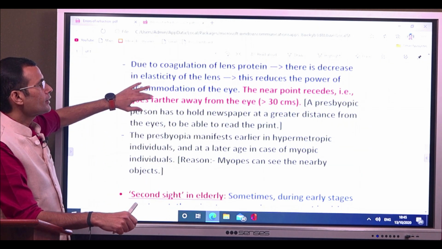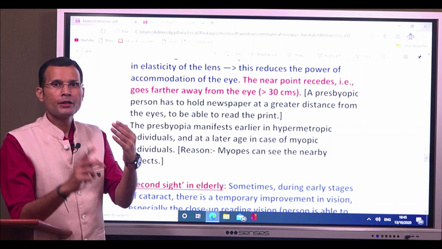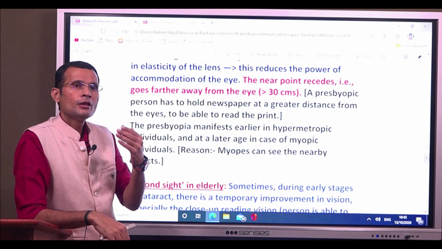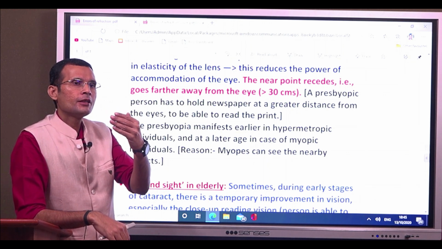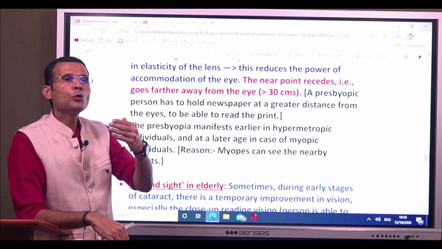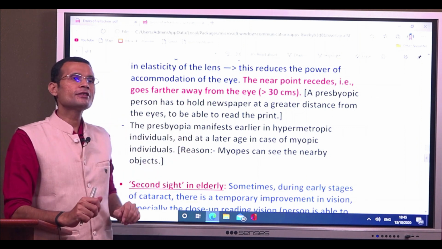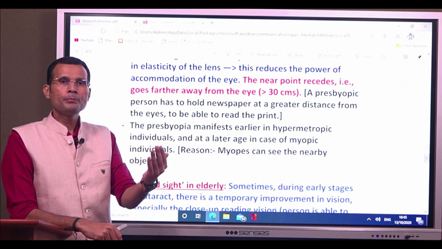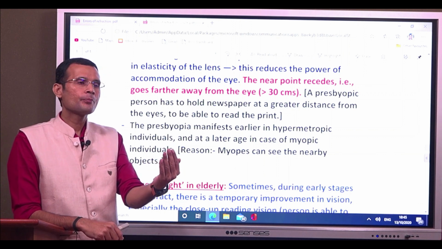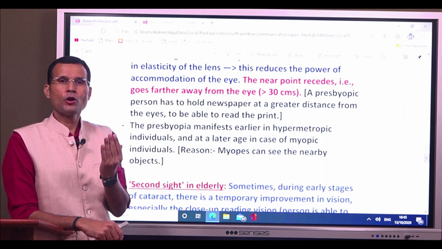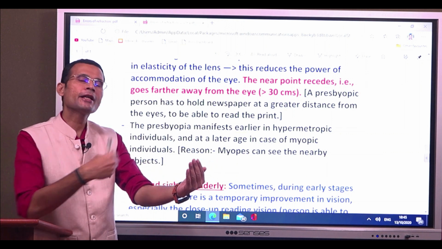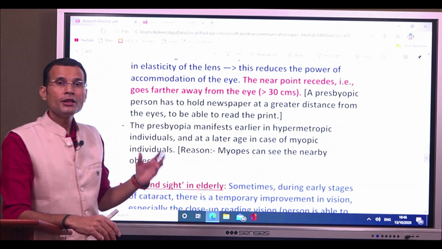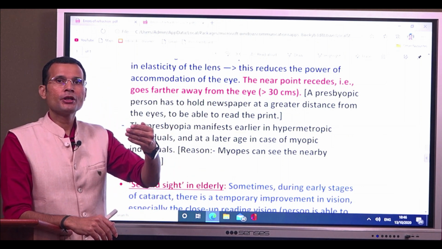So you will often see that near point of vision, we have defined near point as the closest point which can be seen clearly, recedes from the eye. It goes away from the eye. You will often see elderly people in the households put the reading newspaper away from the eyes, not at a normal distance, but at a greater distance away from the eyes in order to read, because the near point of vision starts going away from the eye.